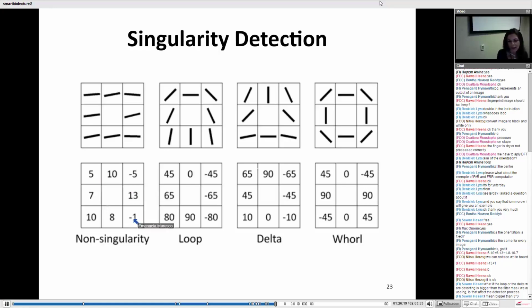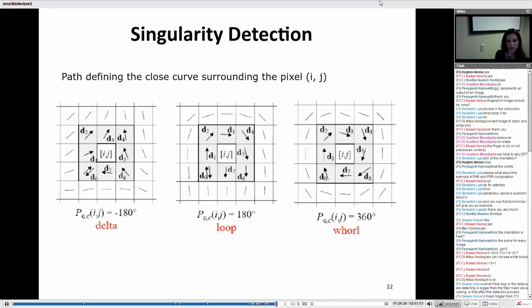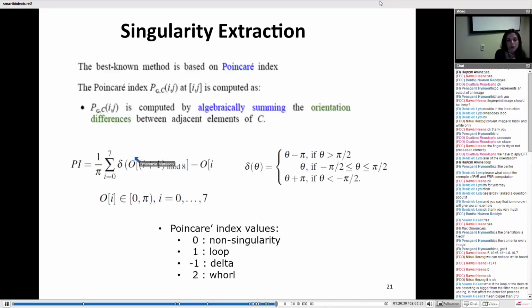Okay, I understand the point. So you want to compute the detection of singularities, and instead of using a neighborhood of 3 by 3, you want to use a bigger one. So this is a formula. So we are applying this method here. So I can go back to the formula.